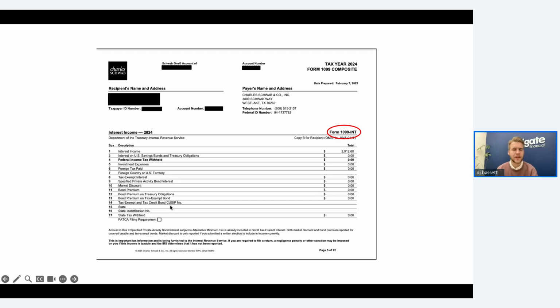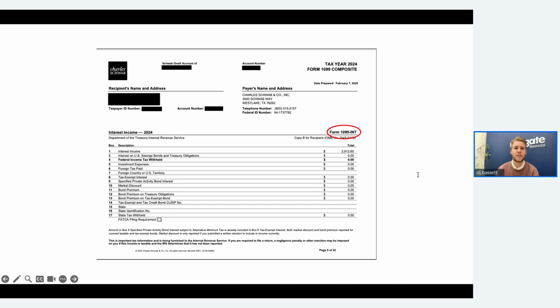Most people are probably not going to have those, unless you're investing in very specific or highly specialized funds or investments, private equity, things like that. But for most people, it's going to be pretty simple, especially if it's in a savings account at the bank. You just got your interest income.